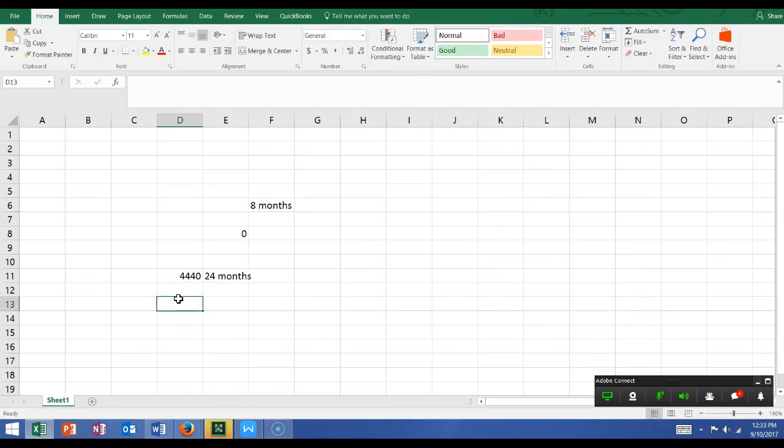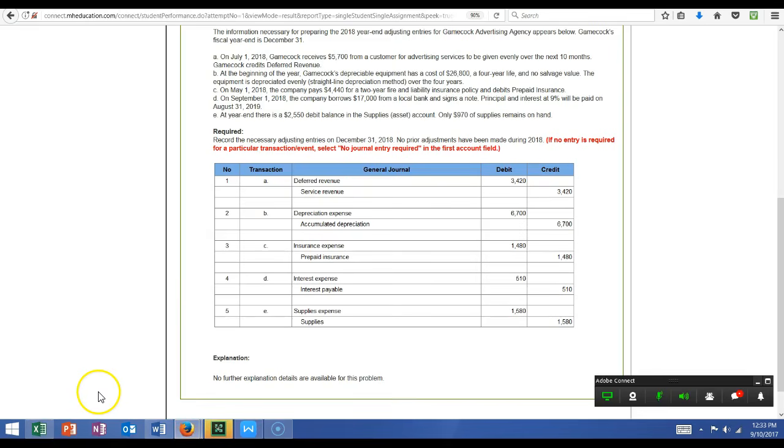So if we take the $4,440, divide that by 24 months, we get $185 a month. $185 a month times 8 months gives us insurance expense of $1,480. So we debit our insurance expense of $1,480, and we credit our prepaid insurance of $1,480.